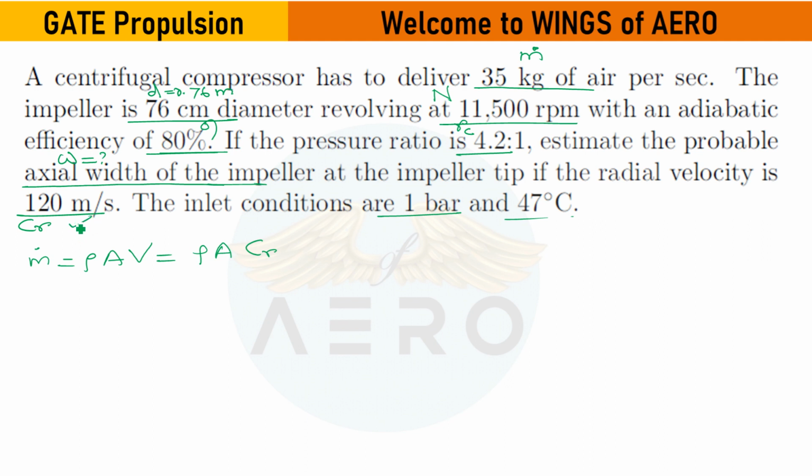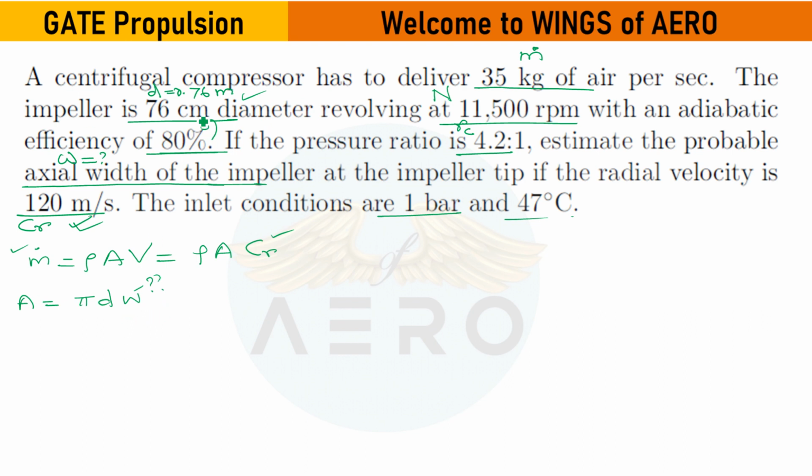CR is known, m dot is known, rho is unknown, A is also unknown. Now what is the formula for A? As they have given the width, A is pi D into W. D is given in the question, and the width we need to find out.